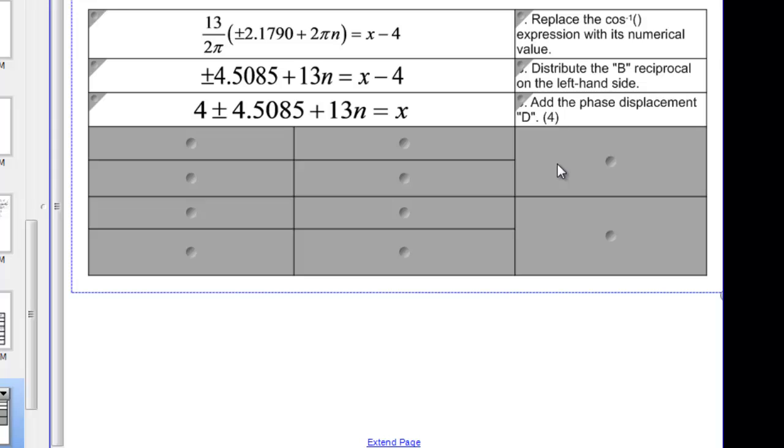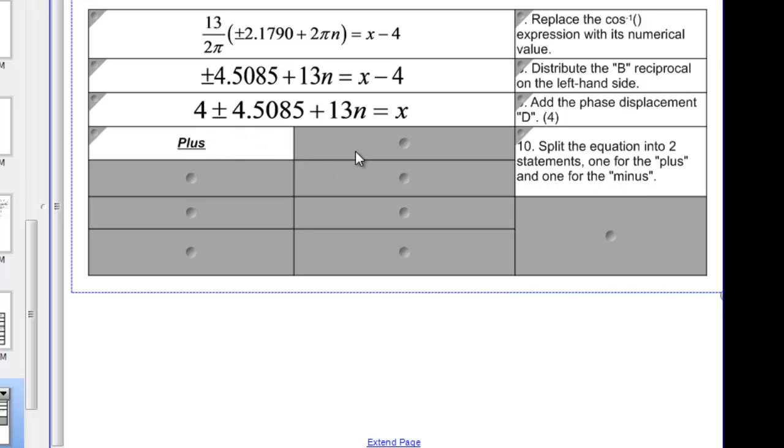If I want to find particular values of x, then I'm going to split this equation, because there's a plus or minus, into two statements, one for the plus and one for the minus. So on one side, I'll have 4 plus 4.5085, which gives me 8.5085 plus 13n equals x1.